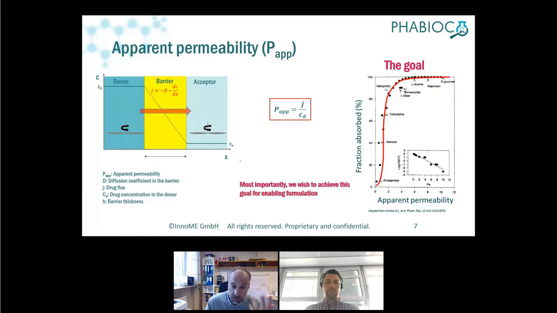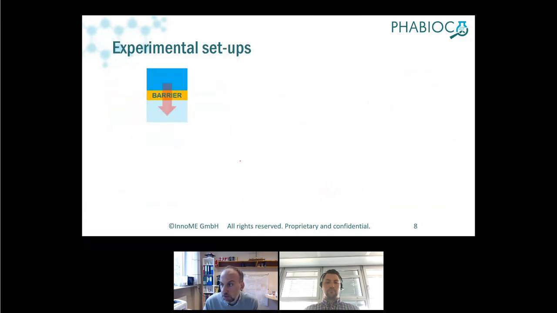And what is important is that this correlation should also be valid if we utilize enabling formulations. So higher apparent permeability with an enabling formulation will tell us that we have produced a formulation that is superior to the available formulations on the market.